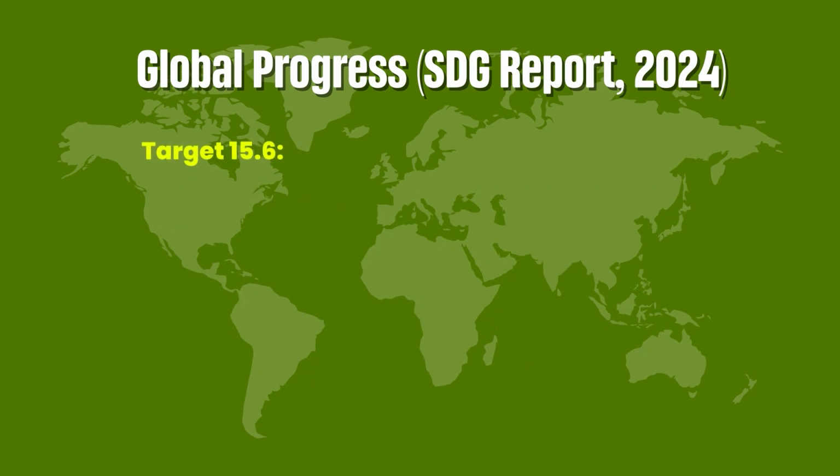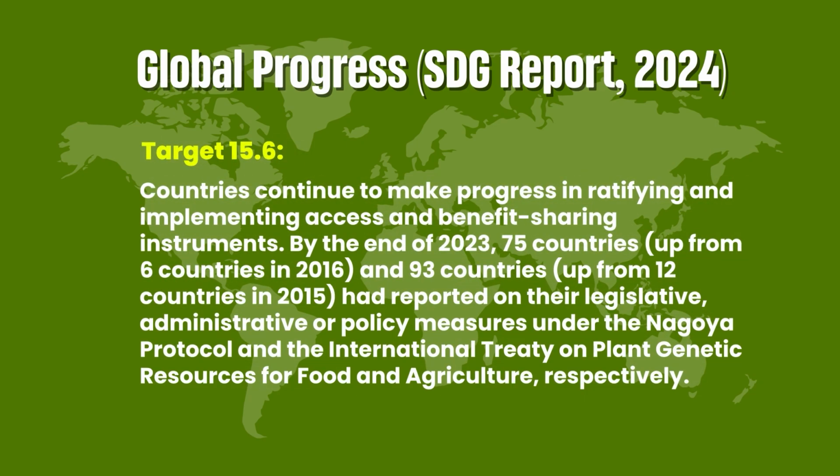Then another, 15.6: countries need to continue to make progress in ratifying and implementing access and benefit sharing instruments. By end of 2020, 75 countries, which used to be only 6 countries in 2016, and then from 2015, 12 countries, right.